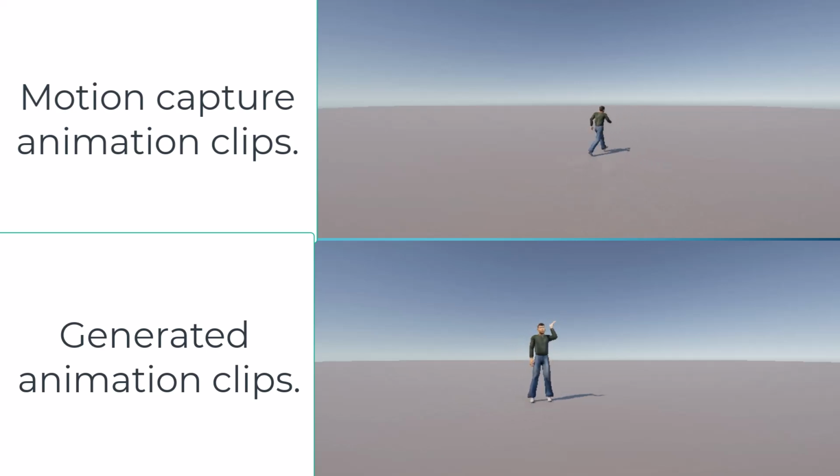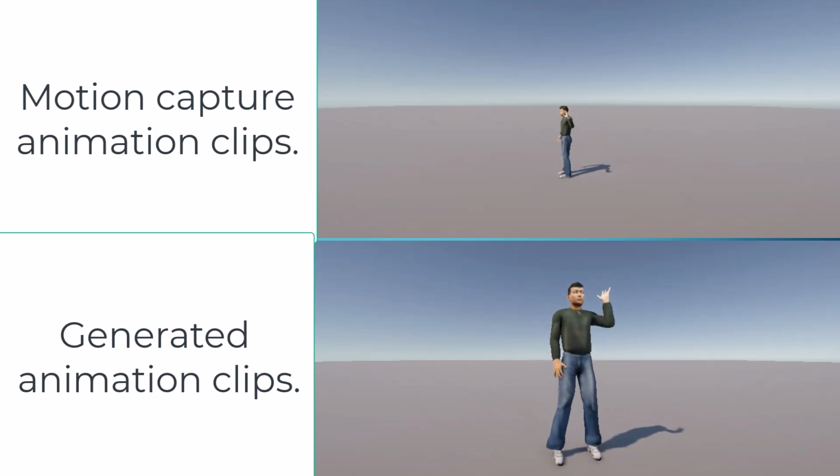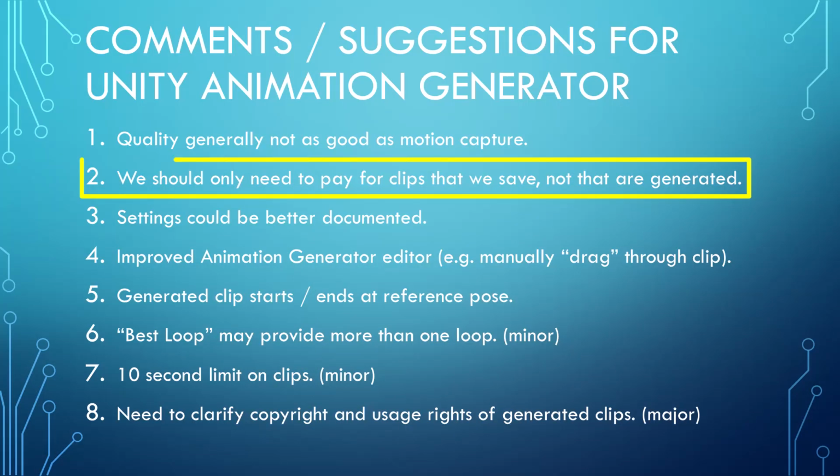The clips the generator produces are different every time, even for the same prompt, so it might be possible to get better clips by trying the generator over and over. I would suggest that the user should only need to pay for clips that are saved, because a lot of the generated ones may not be good enough to use.